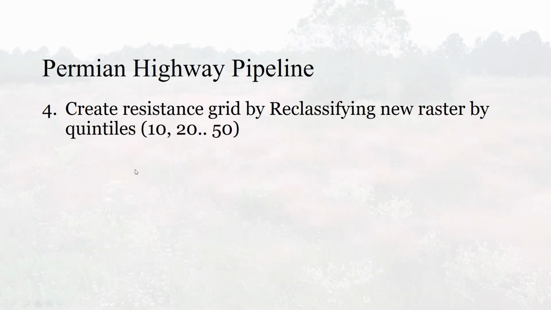And so what that's doing is a value of 10 is low resistance, and we're assigning that to the bottom quintile of habitat ecological integrity ratings. So what that means is the lowest quality habitat is going to give the least resistance to guiding the path of that pipeline. And the highest quality habitat is going to be the highest resistance, and so hopefully the pipeline will avoid those areas.